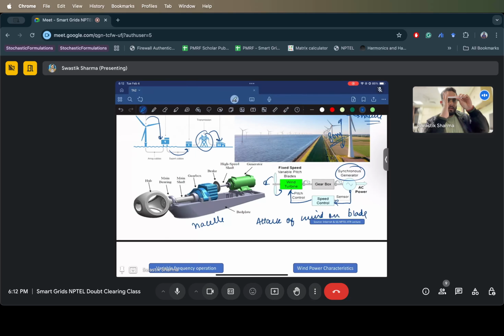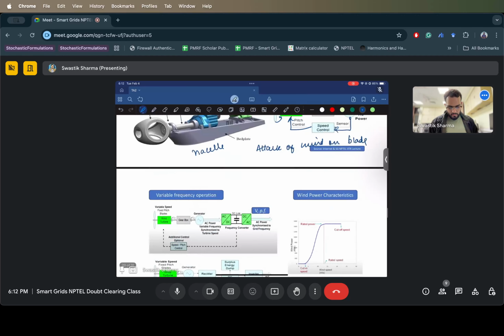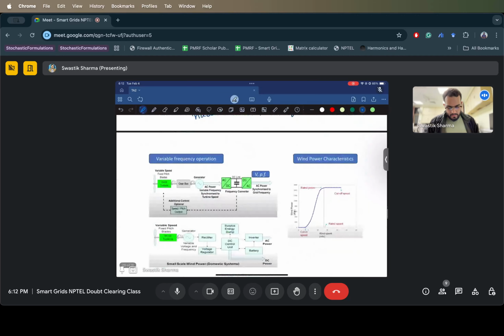If it is falling perpendicularly, it will rotate at a very high speed. But let's say the speed is very high and you want to decrease the speed of its rotation. So you just tilt it so that the attack of the wind decreases. That's why this is used to control the pitch of the blades, right?